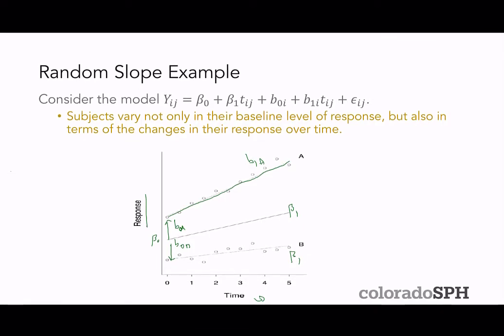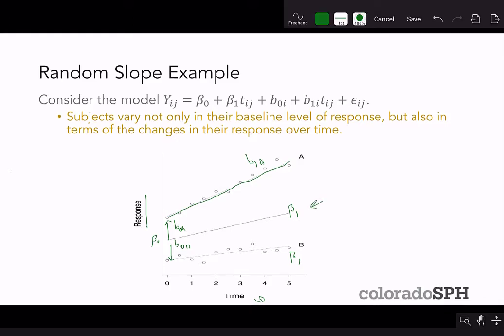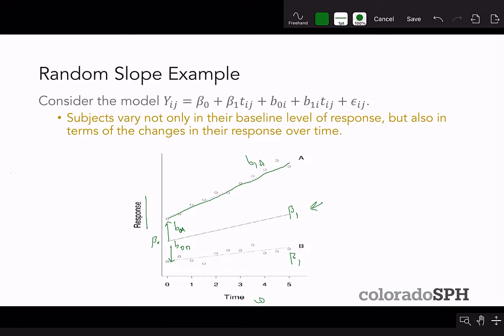And what is the actual equation of each of these lines? Well, the population one, and this is from the previous slide, is going to be beta 0 plus beta 1 times time.